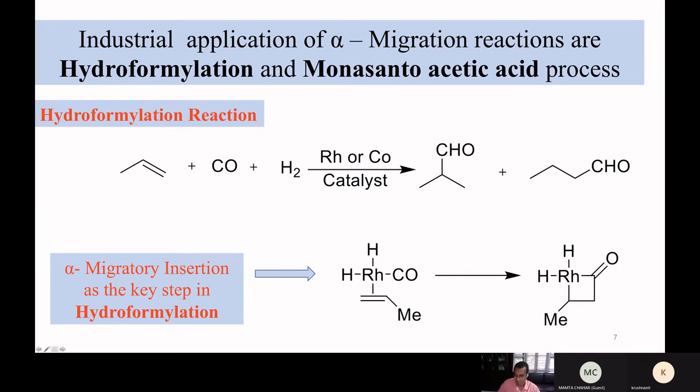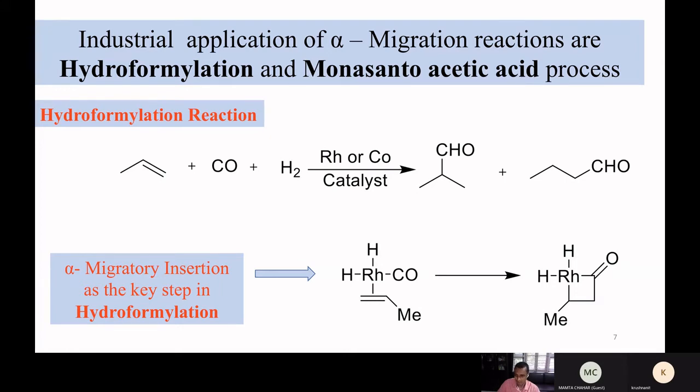In this case, the two competitive products are this branched product, where the aldehyde is bound in the middle, as well as the terminal product, where the aldehyde is bound in the terminal position. As you see, the aldehyde is at the terminal position. In this case, the aldehyde is at the branched position, right?